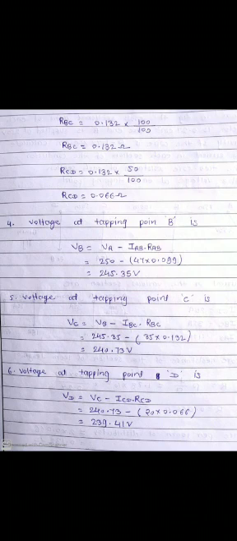Now the voltage at the various tapping points. The voltage at tapping point B is VB equal to VA minus IAB into RAB. We have already calculated the current of the various sections and the resistance of the various sections, so we just put in the values.